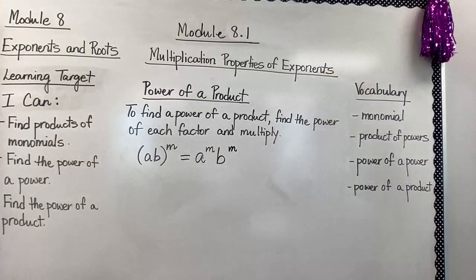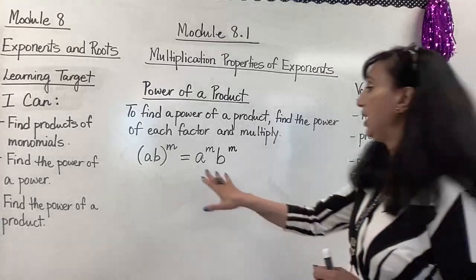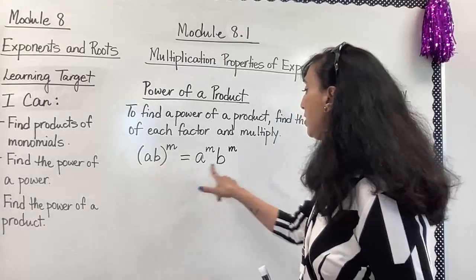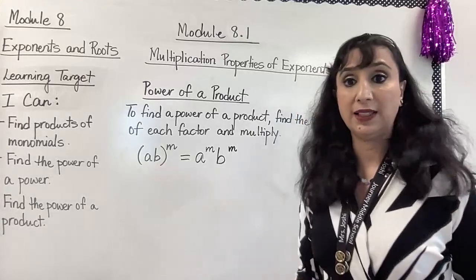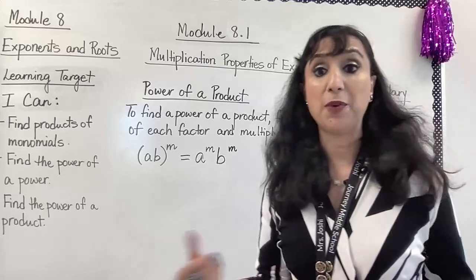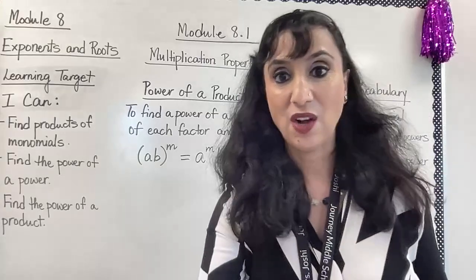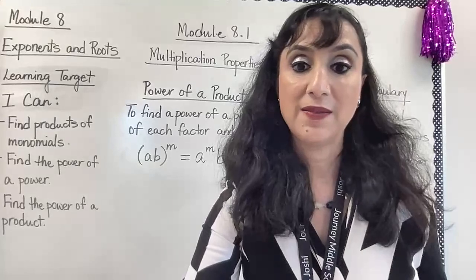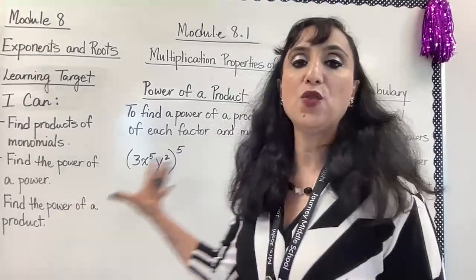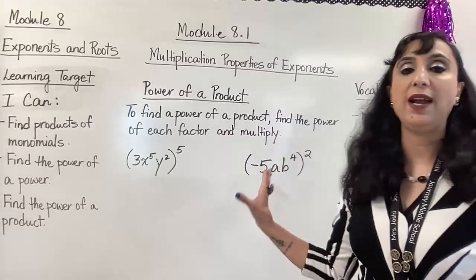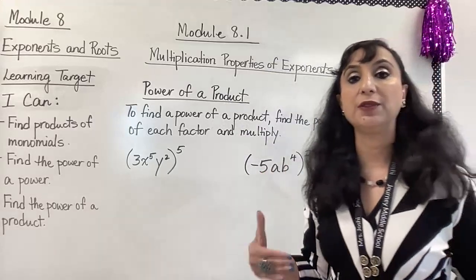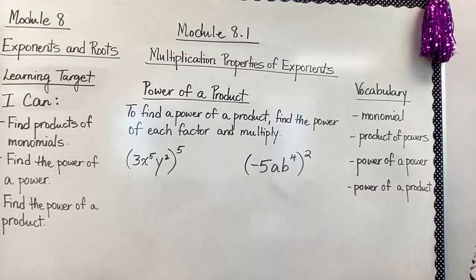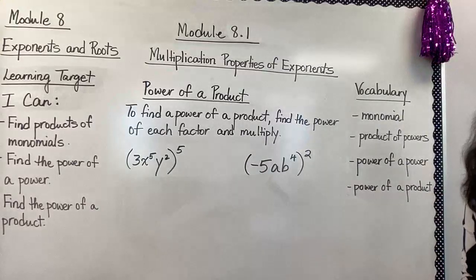Okay, so basically, once again, we are finding the power of each of the factors and we are multiplying that. And that's what a power of a product is. So let's go ahead and solve some problems on this. Let's look at these two problems that I have written over here, and we are finding the power of a product. We're going to simplify each expression.